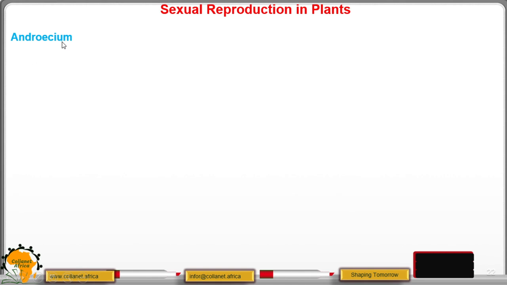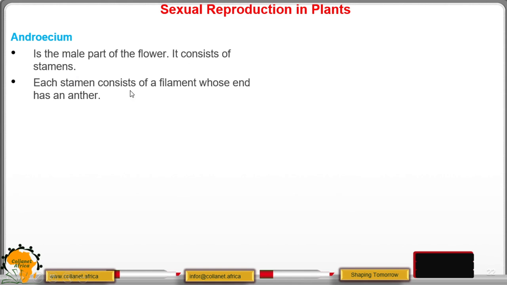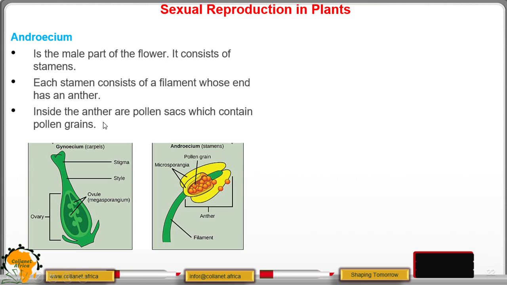We go to androecium, and this is the male part of the flower, and it is composed of stamens. Each stamen has a filament whose end has an anther, and inside the anther are pollen sacs bearing pollen grains. So this is androecium.